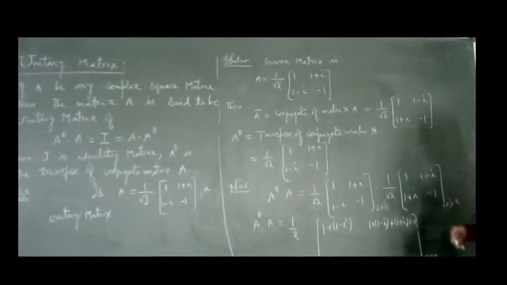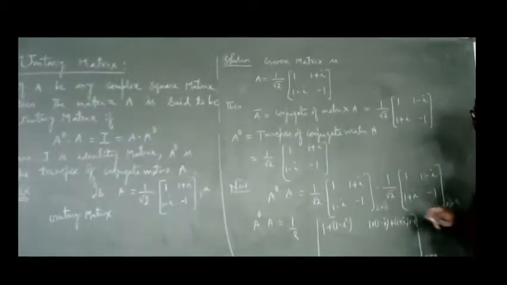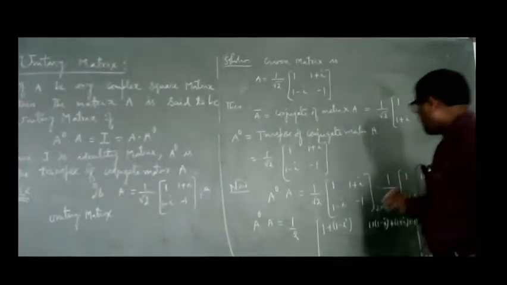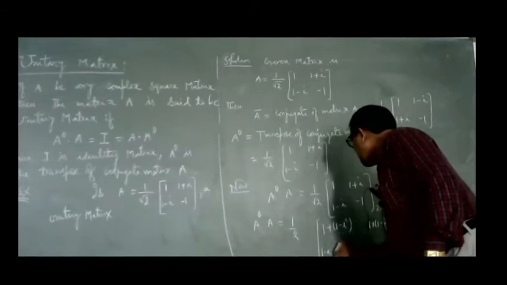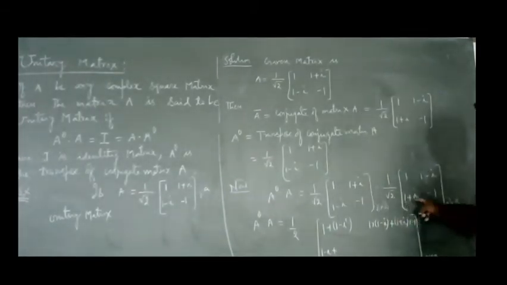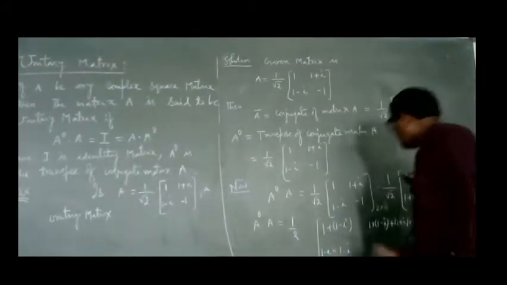Here, when we select the second row and multiply it to the first column of the post-multiplier, 1 minus i into 1, plus minus 1 into 1 plus i. So it is 1 minus i minus 1 minus i.